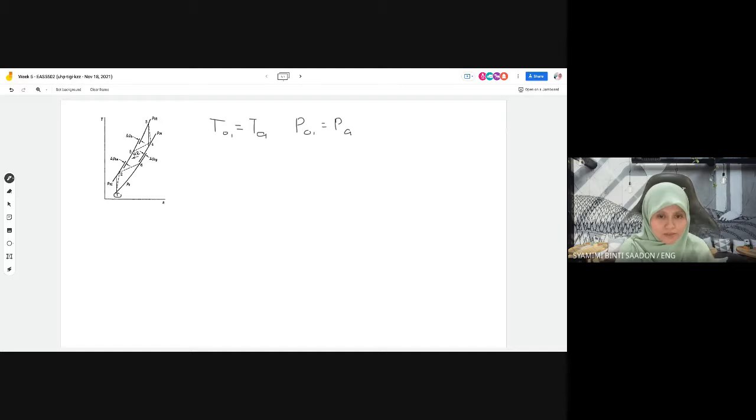TO2 minus TO1. If you look at the slides, chapter 2, equation 2.11, slide number 47, we will use that one regarding the compressor efficiency. Slide 47, equation 2.11, in the red box there.